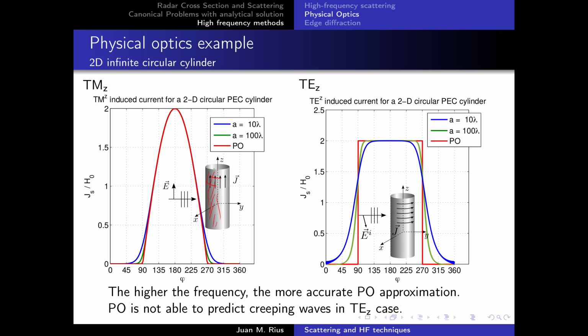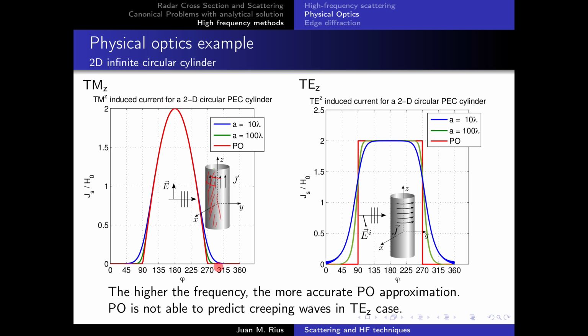In this region the current is twice the tangent component of the magnetic field. It is normalized with the maximum amplitude of the magnetic field, so it is equal to 2 when the incident magnetic field is parallel to the surface, and 0 when the incident magnetic field is perpendicular to the surface.